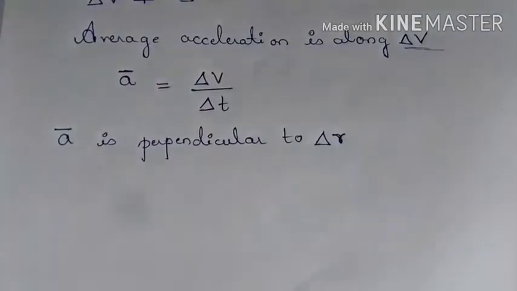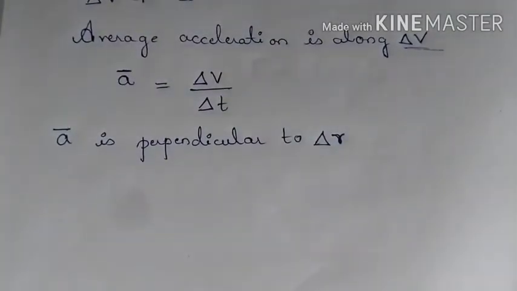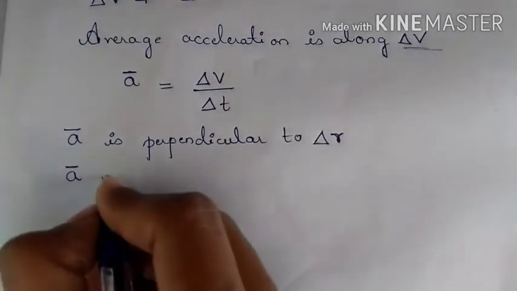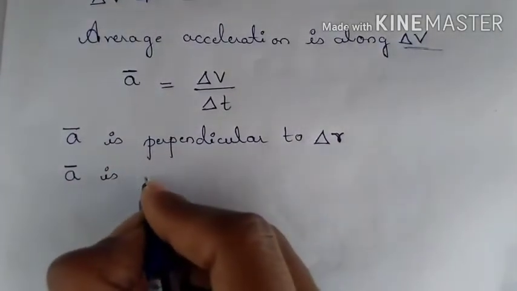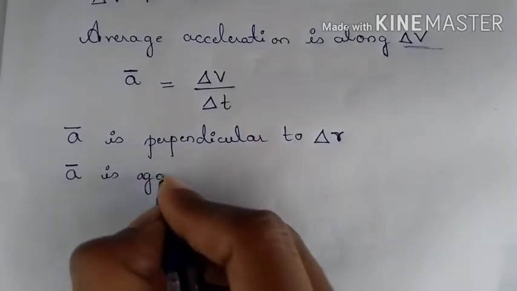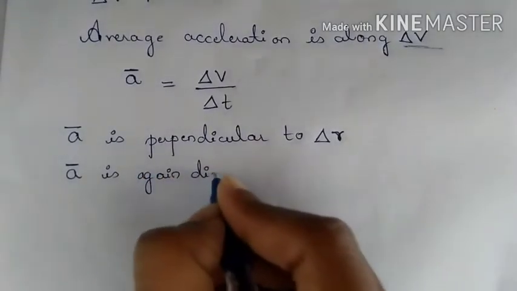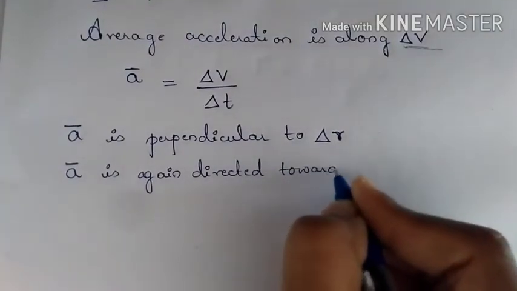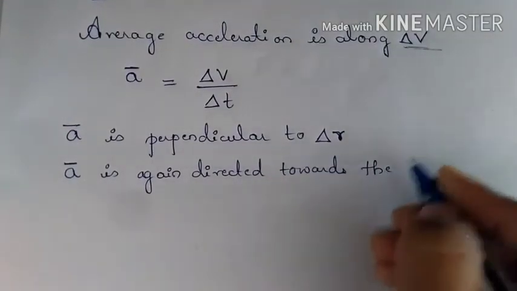So A is perpendicular to delta R, and hence A is directed towards the center of the circle.